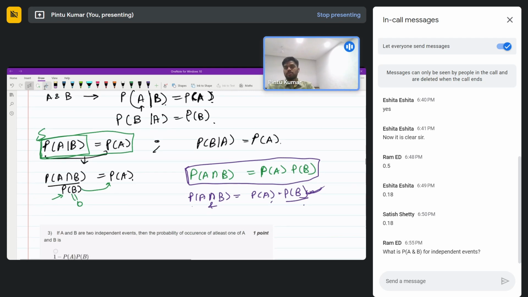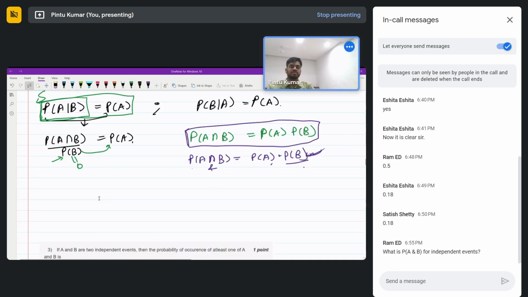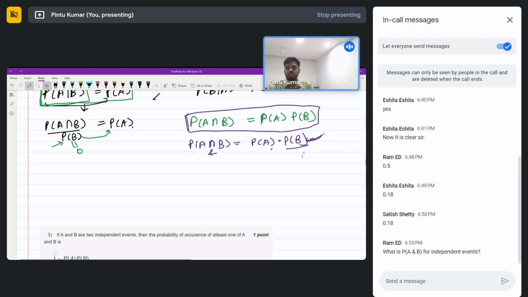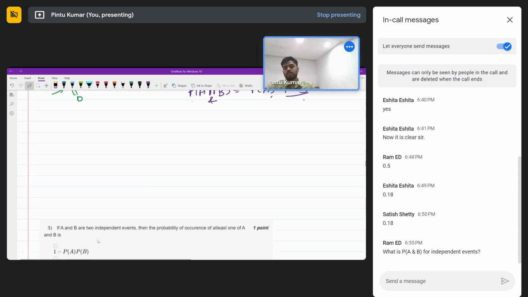Okay, so here is a question for you guys. Just type it in the chat box. We talked about mutually exclusive events, right? What are mutually exclusive events? That E1 intersection E2 is empty.